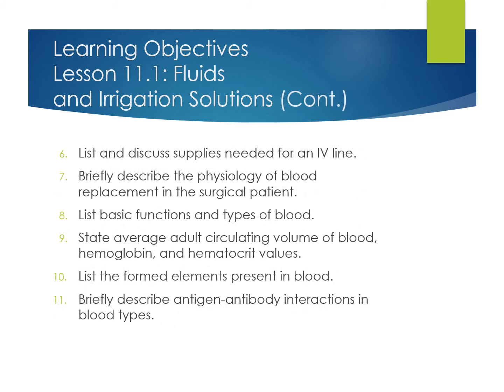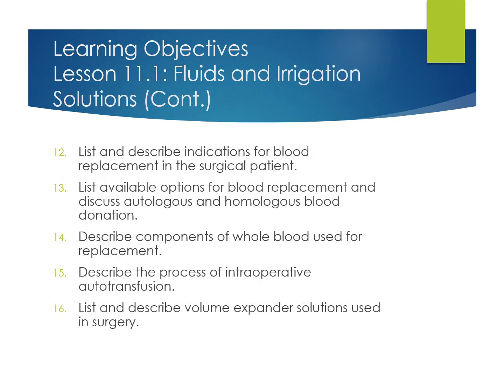We'll talk about supplies you need for an IV line, blood replacement, basic functions and types of blood, and some of the formed elements in blood. We will also talk about indications for blood replacement, some available options for doing so, components of whole blood, autotransfusion, and volume expander solutions.